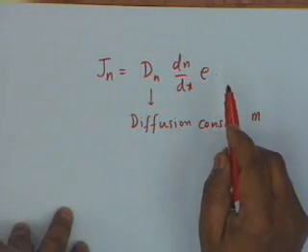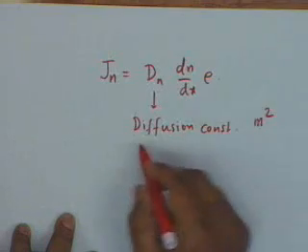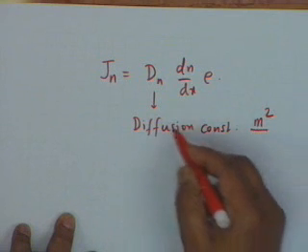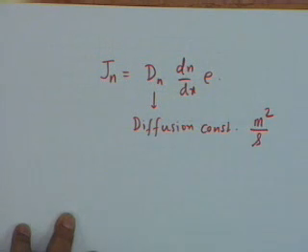Per meter? No, what is the unit of n? Per meter cubed. So per meter cubed, per meter is meter to the power minus 4. One must be careful. The unit of diffusion constant so calculated is meter squared per second. One should remember this.